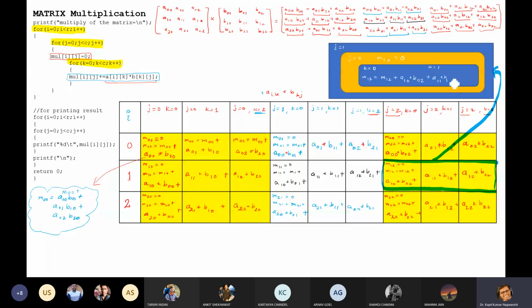So 1, 2. And then plus the next term, k equals 2. In this k equals 2, what happened? A i is 1, k is 2, multiplied by b k j, where k is 2 and j is also 2. So likewise, this whole thing will be calculated.